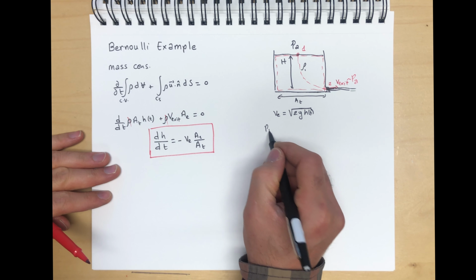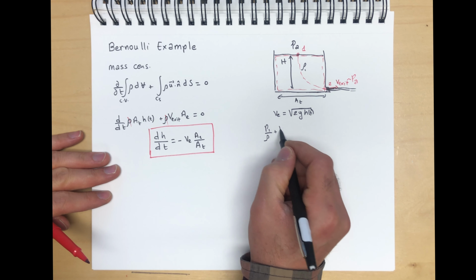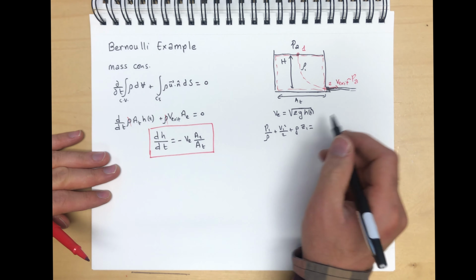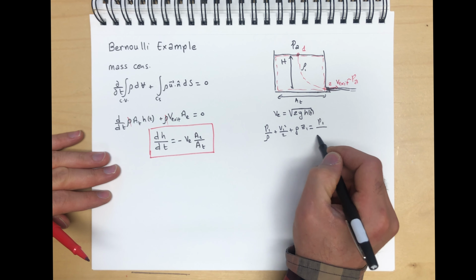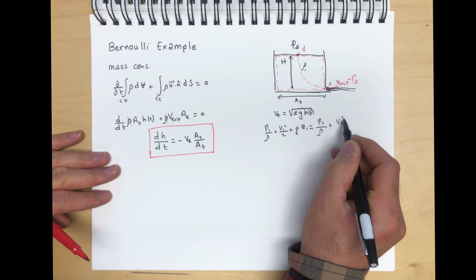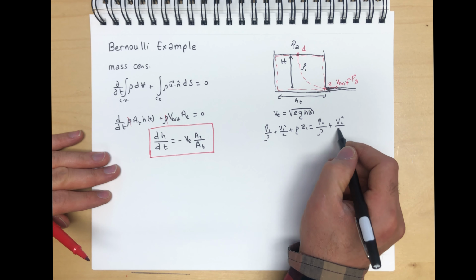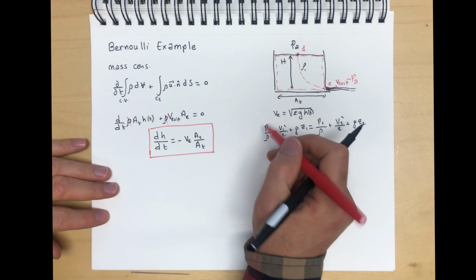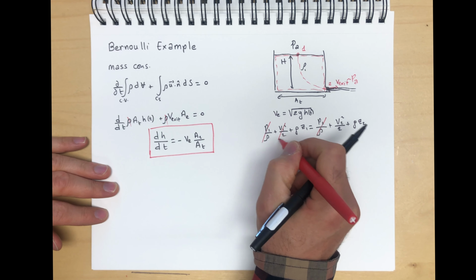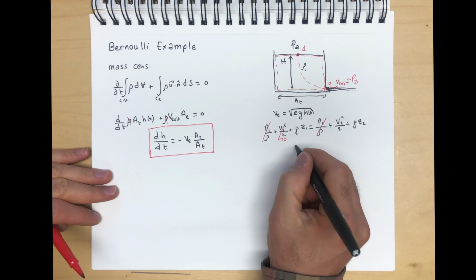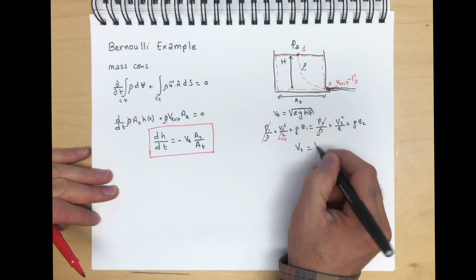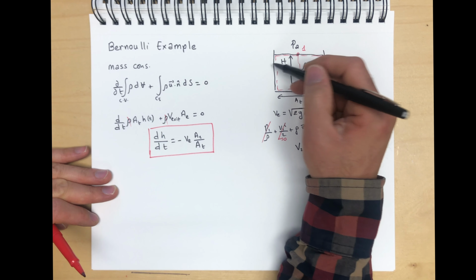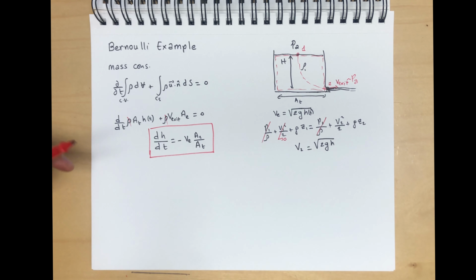We just did P1 over rho plus V1 squared over 2 plus g z1 equal to P2 over rho plus V2 squared over 2 plus g z2. Then we canceled out the pressures, this guy is 0, and you get V2 equal to the square root of 2gh, which is the distance between station 1 and station 2.